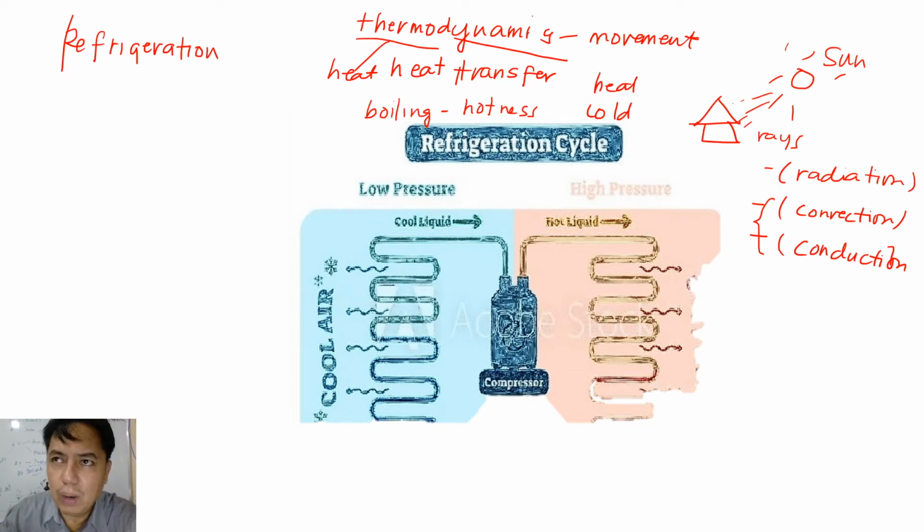When you boil water, what is the temperature at which the water starts to boil? 100 degrees Celsius, or centigrade. So when you heat up water in your kettle, it will start to boil at 100 degrees centigrade. That's why in our life experience, we associate boiling with hotness.